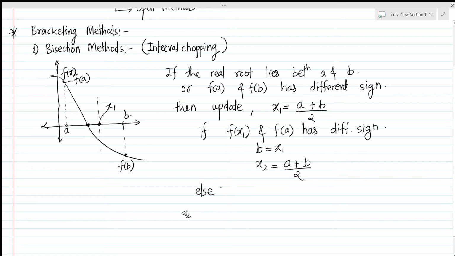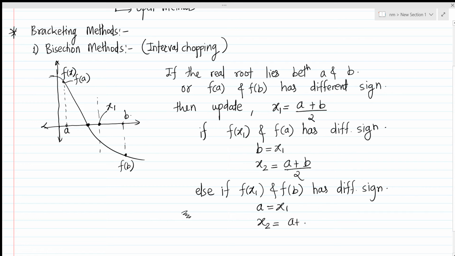if f of x1 and f of b have different signs, then assign x1 to a and take x2 as a plus b by 2.